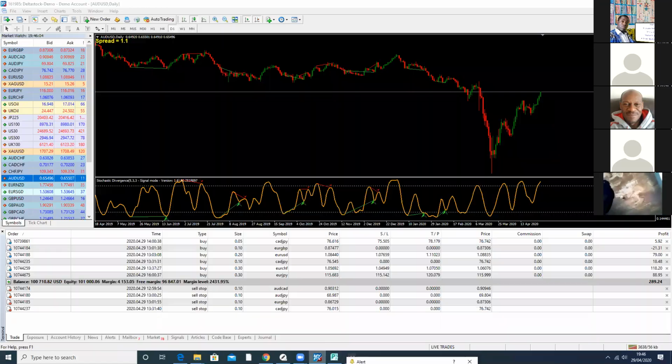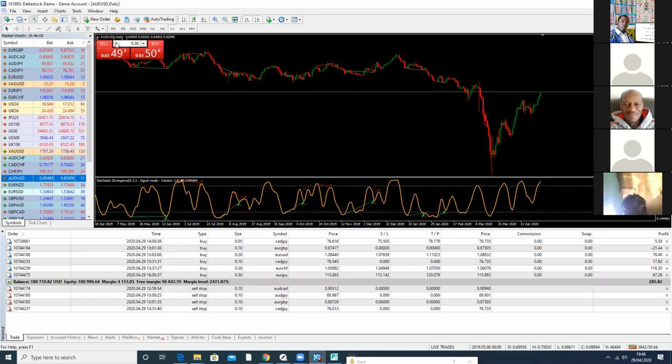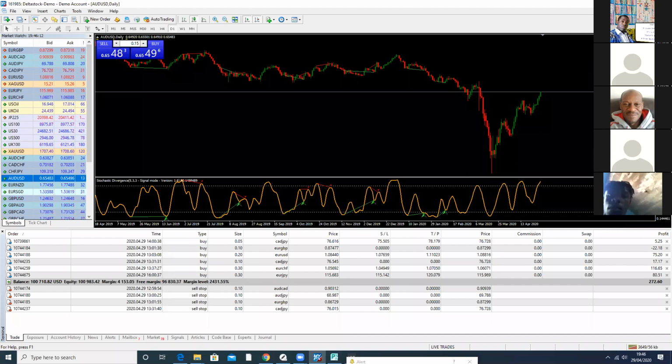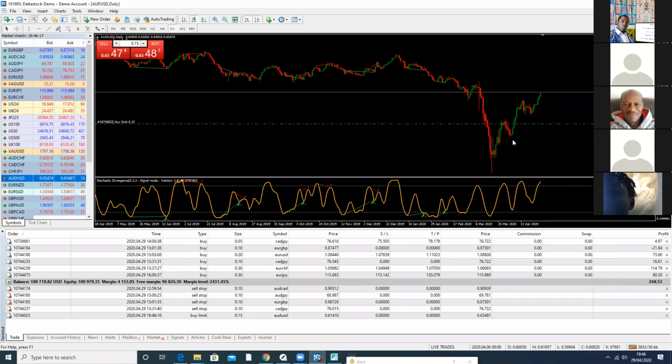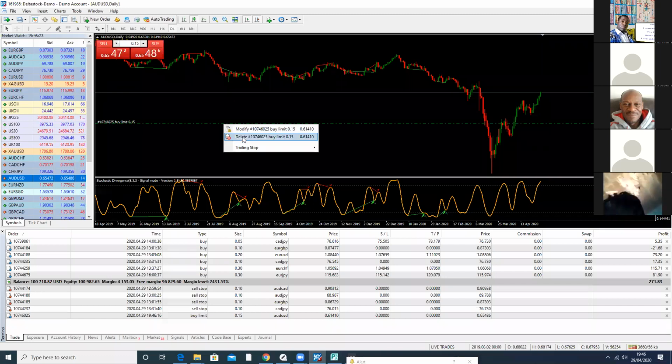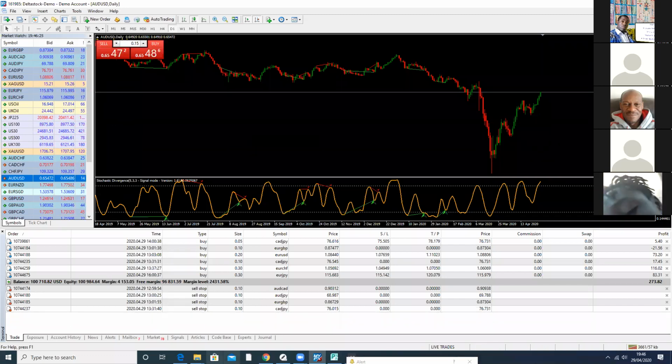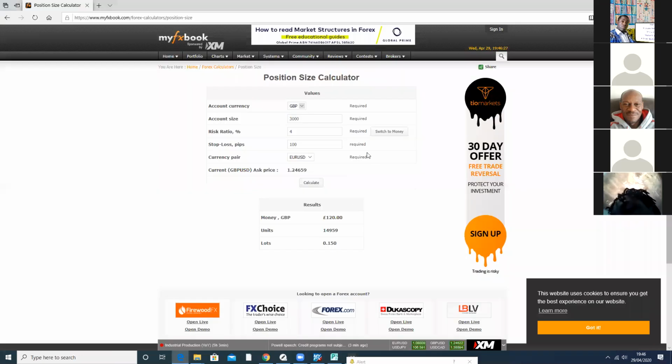So when I go to place a trade, I'm going to move this down to 0.15, and if I was doing a buy, that's what I would do. So it works out the lot size for you, so you can know what the maximum is that you should be doing on your account.